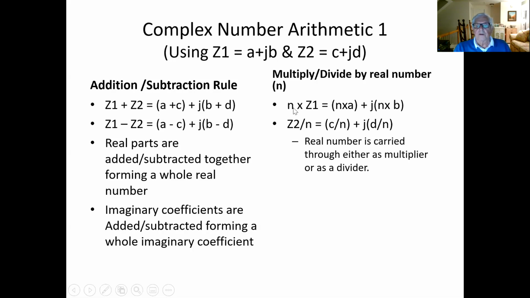If we multiply a complex number by a whole number, then we multiply that whole number by the real and the imaginary parts to get a new complex number. If we divide by a real number, we divide both the real and the imaginary parts by that number.